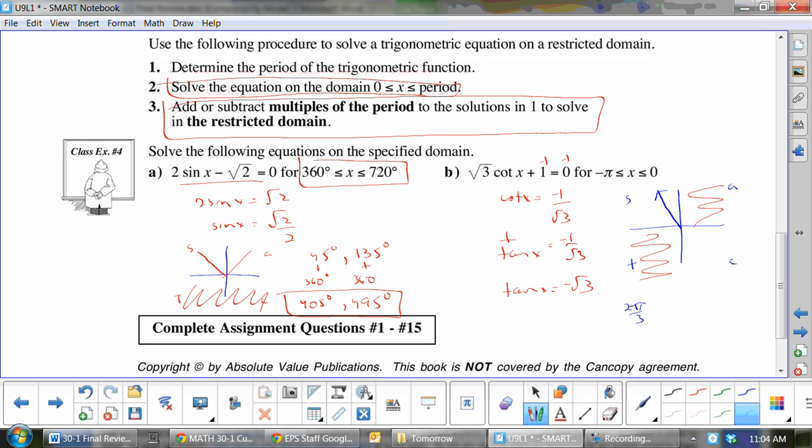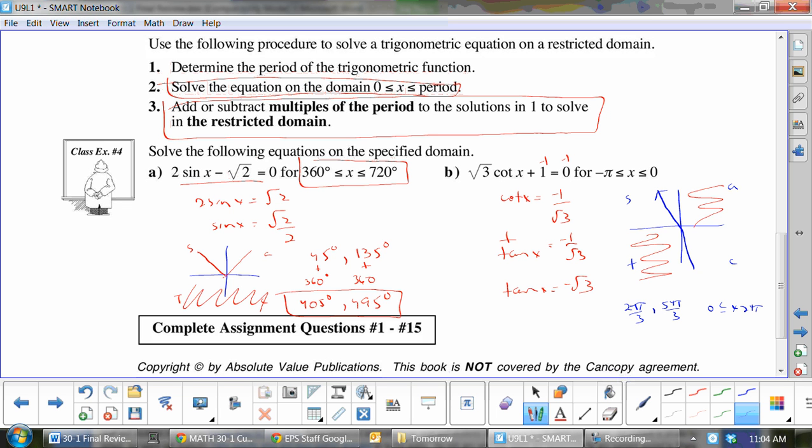And the other one is bringing me over down here, and that's 10 pi over 6, which is 5 pi over 3. Now, that is between 0 and 2 pi, correct?